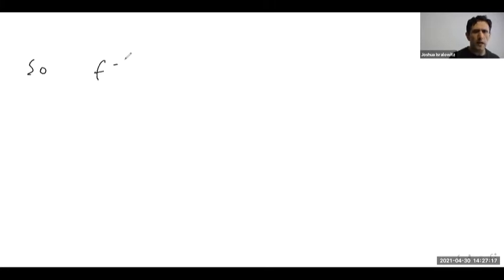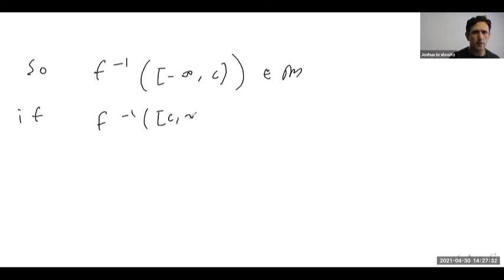So we have that this is measurable, i.e. this is in M, if this set here is measurable. Yeah, I'm getting sick of this tilde notation.